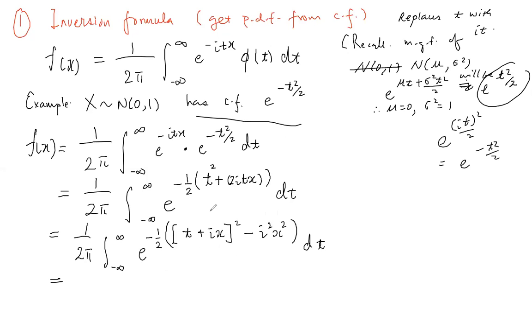And then over here you have the quadratic form, which you can view as part of the density of a normal distribution. So then you can write it as this. So you can take out the e to the. Over here you have a bunch of cancellations. So minus minus you get plus, i squared you get minus, so you get minus x squared over 2. And over here you have 2 pi, right?